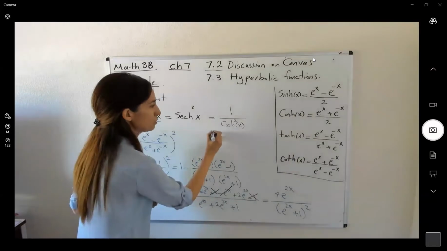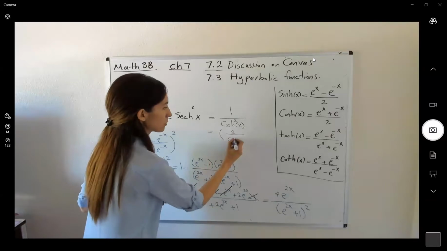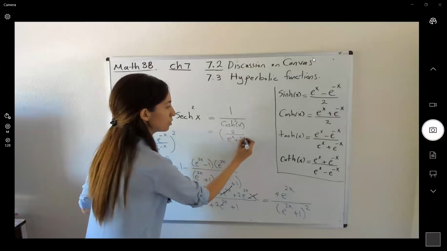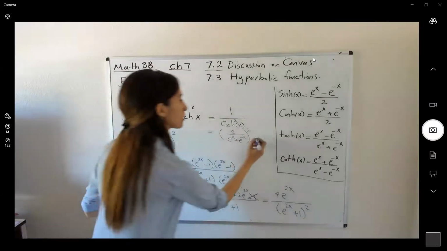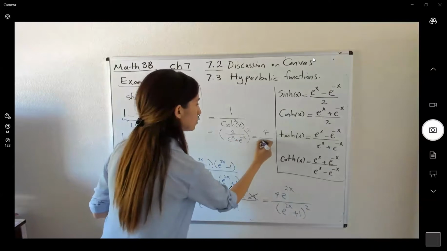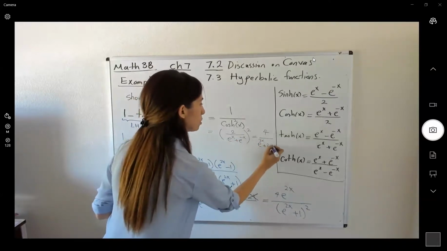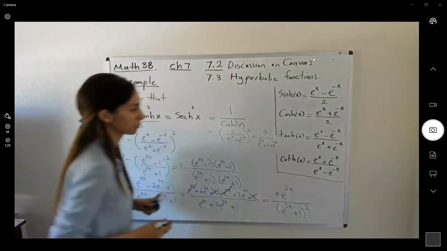This is equal to 2 over e to the x plus e to minus x raised to the second power, which is equal to 4 divided by e to 2x plus 2 plus e to minus 2x.